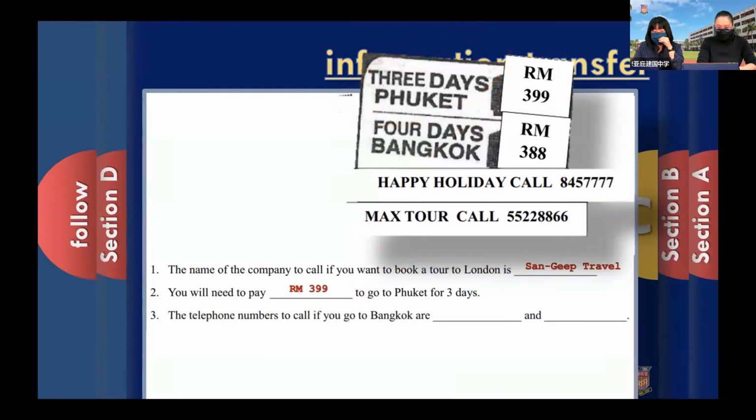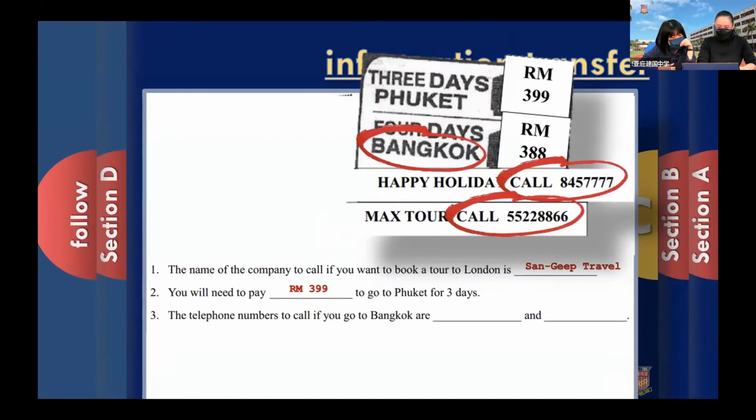Okay, the telephone numbers to call if you go to Bangkok are what? Okay, please spot for the telephone numbers. And Bangkok, what are the telephone numbers? Okay, it's pretty long. Yes, look for numbers. Very good. So what are the numbers, students? Only one give me the answer. Where are the rest?